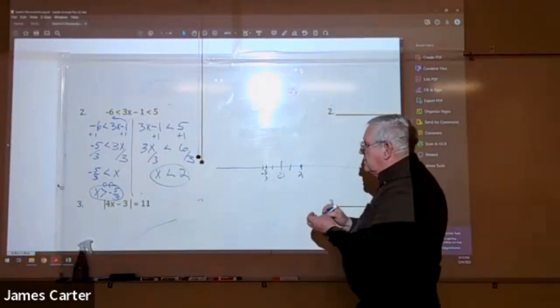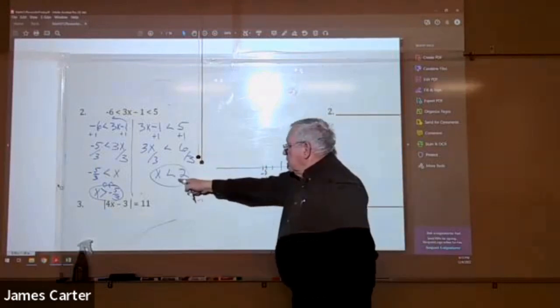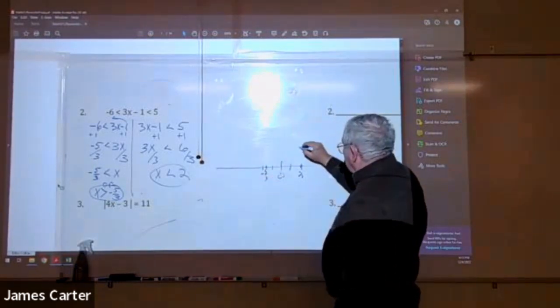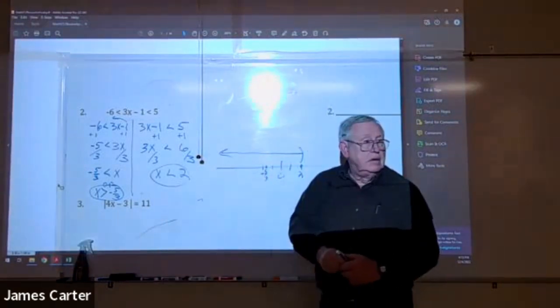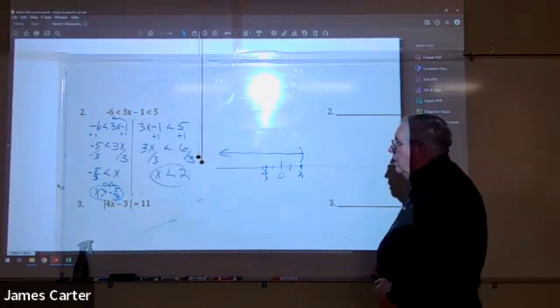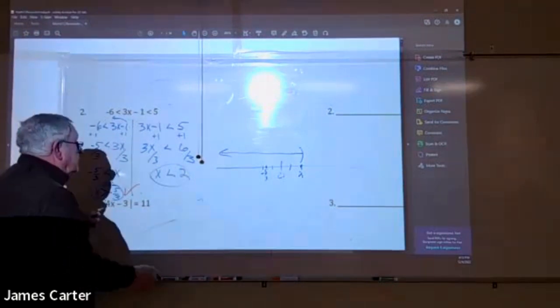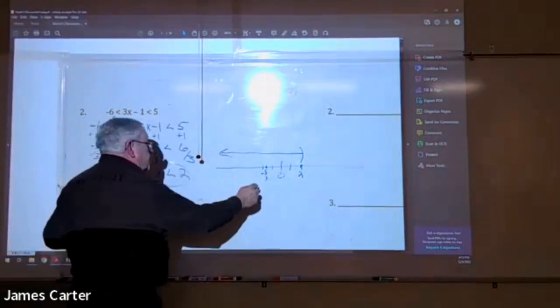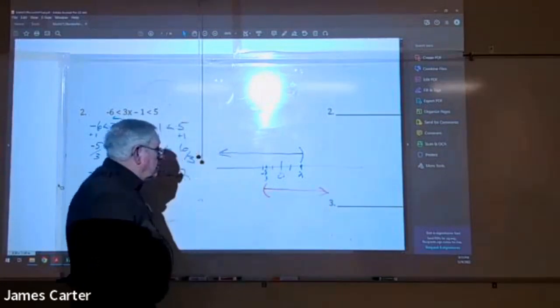Now, what is this saying about these? This one is saying that it's numbers less than 2. That way. What is this one saying? This one is saying it's numbers greater than that one.